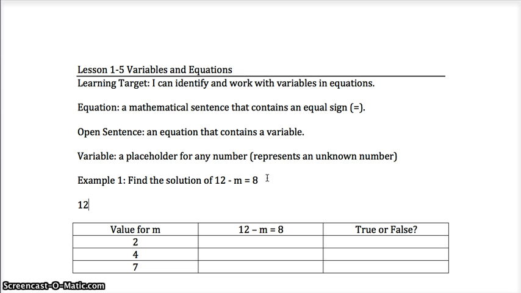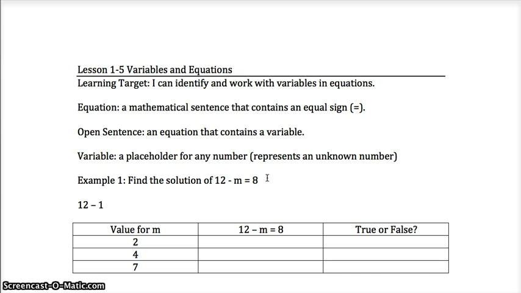We would do 12 minus 1, because we put the 1 in for m, equals 8. And then we ask ourselves, is that true? Well, do you know that 12 take away 1 is 8, or is it not 8? It is not 8, so in this case, the answer is false for 1.